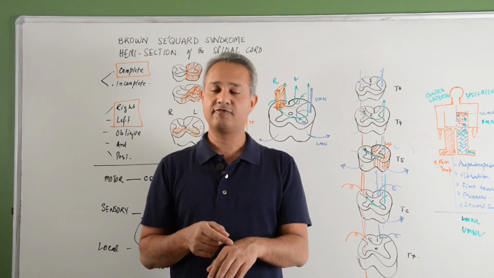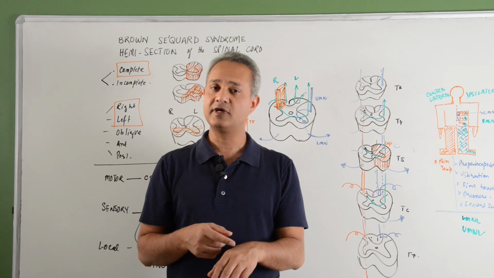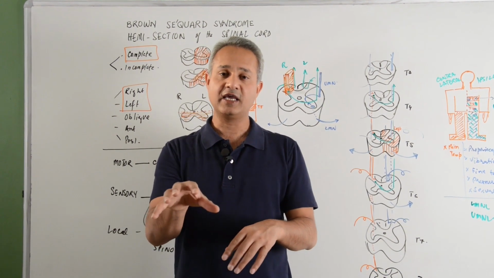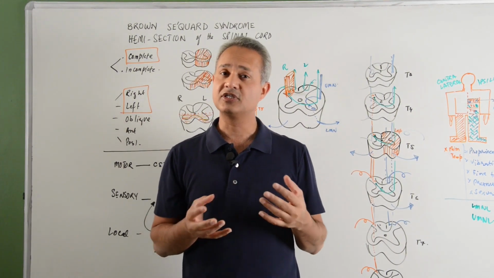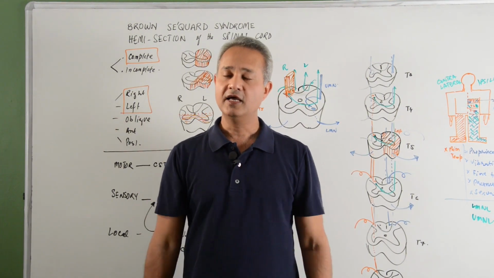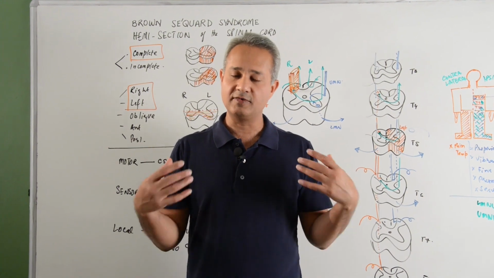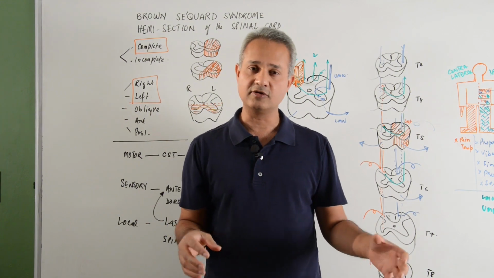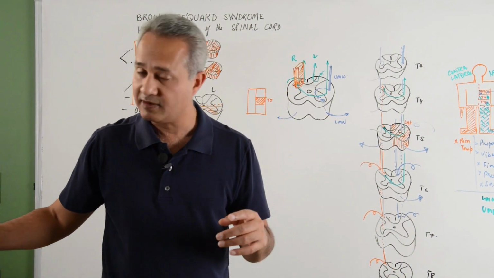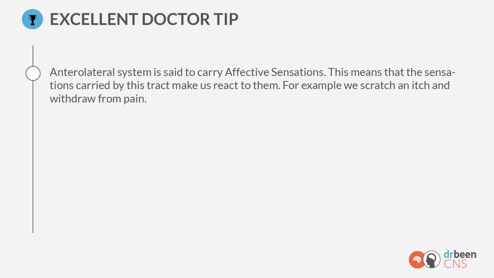If it is an itch, we try to scratch it. If it is pain, we try to withdraw or push that away. That is not the case with vibration or proprioception. I know right now what my body state is because proprioception is happening, but I'm not trying to respond to it. So just remember that the anterolateral system is affected.